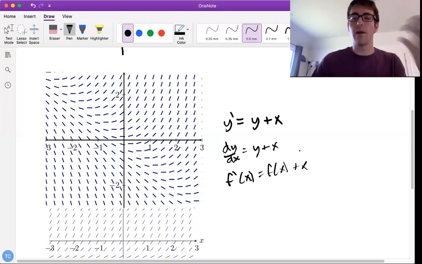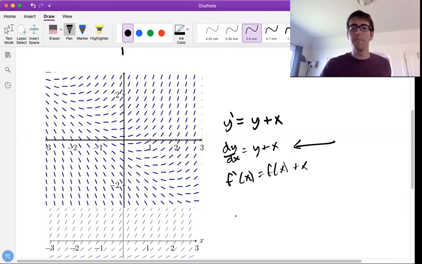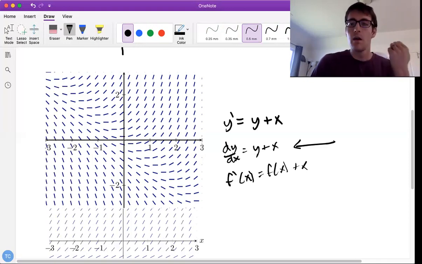These are all different ways of writing the exact same thing. We're most often going to use this middle one. But anyway, with this one, the slope not only depends on the y position, but also the x position.